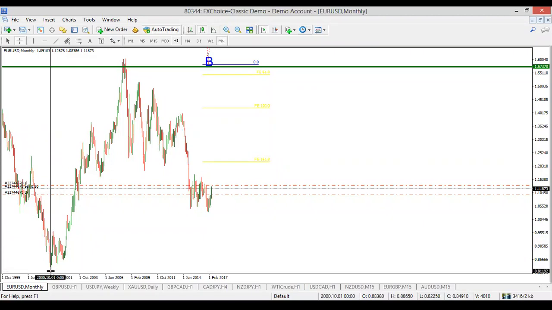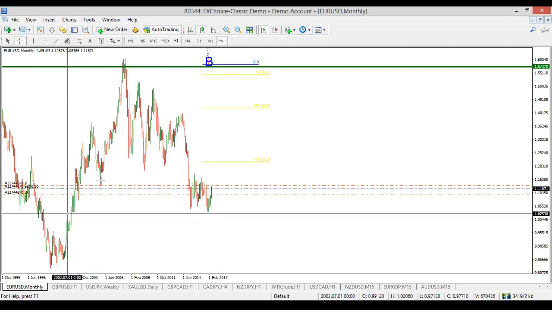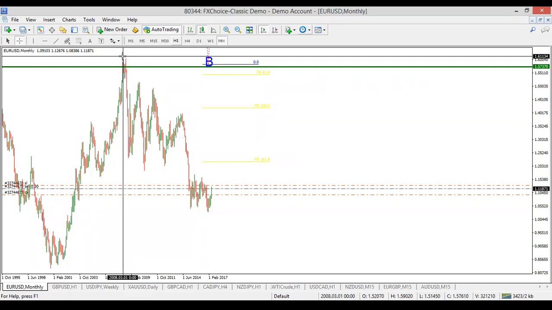The same movement as USD CHF, highest high as at 2000. This one is lowest low as at 2000. After year 2000, it started forming higher high, higher low, higher high, higher low until 2008.